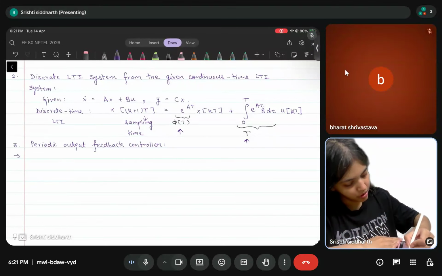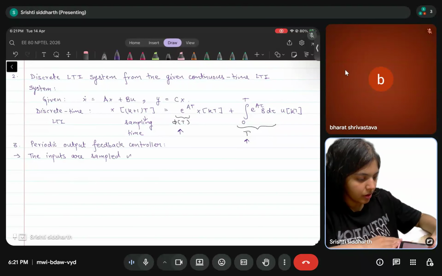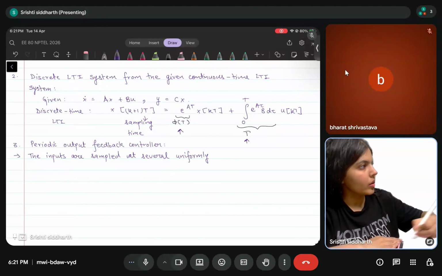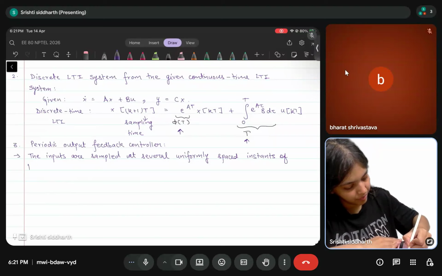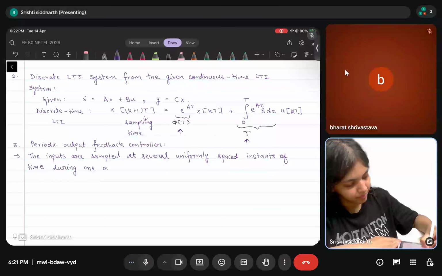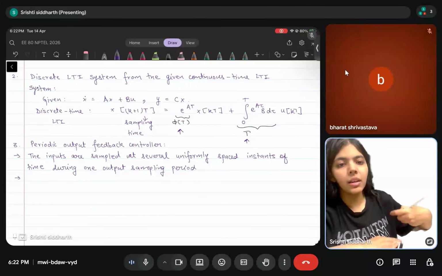The inputs are sampled at uniformly spaced instants of time, with one output sampling period. This means that the control gains are periodically varying.